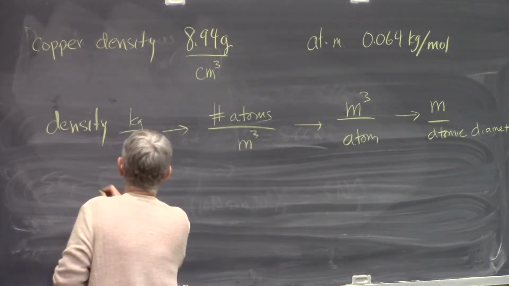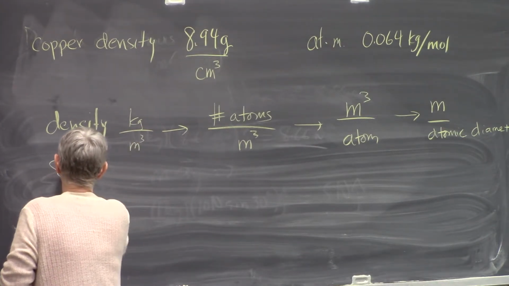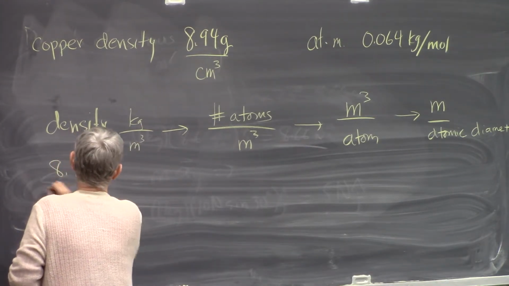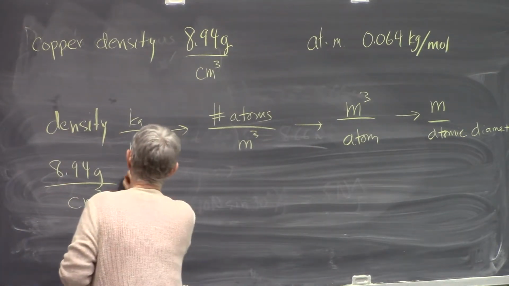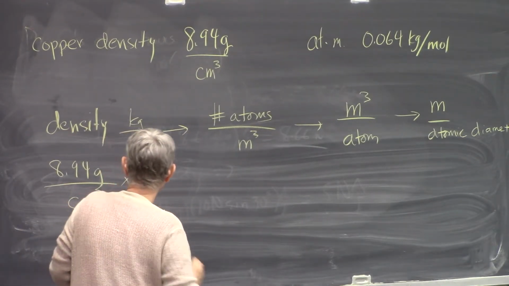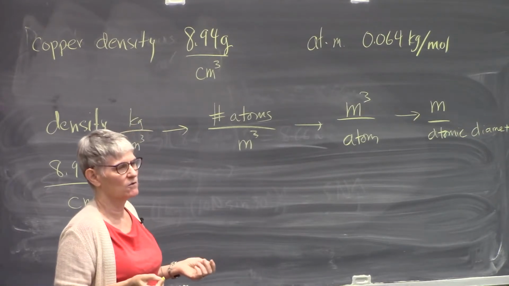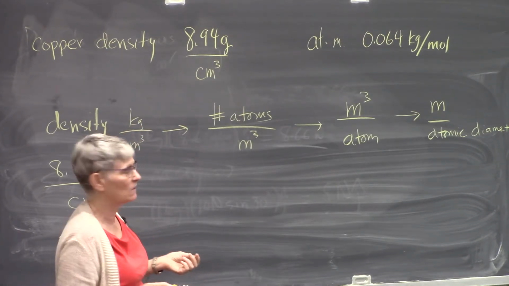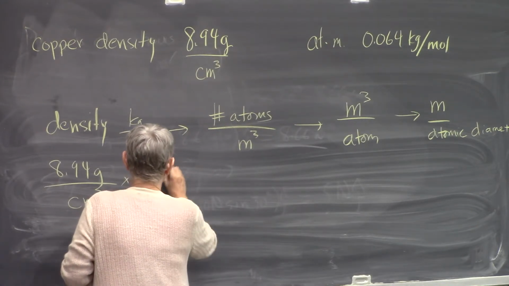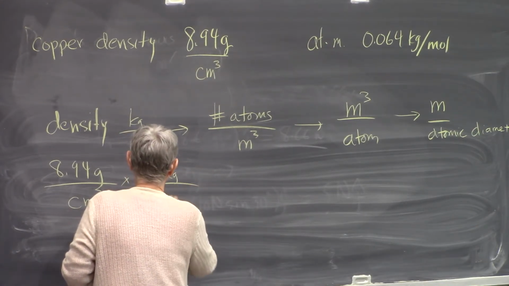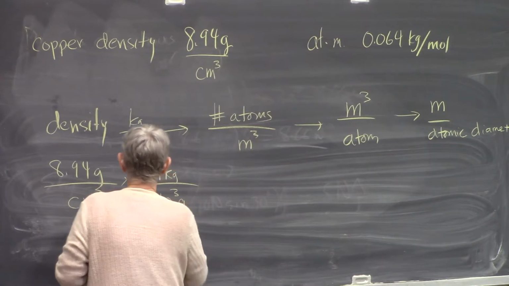We've got the first, 8.94 grams per cubic centimeter. We have to be a little careful in our conversion to SI units. So we definitely have 1 kilogram per 10 to the third grams, that's fine.